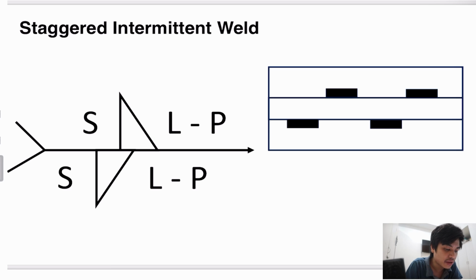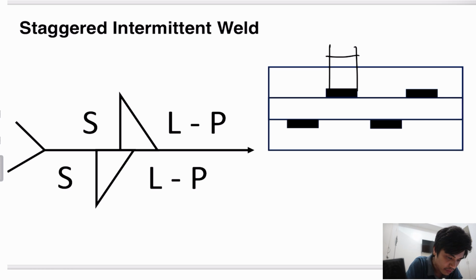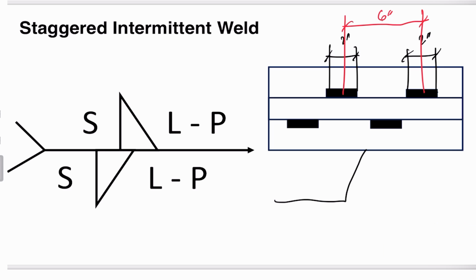For the staggered intermittent weld, just like this one, where there are welds on both sides of the joint but not exactly aligned with each other, you can put the welding symbol just like this one. Similarly, if this fillet weld is size 2 inches, just like the other one, and they are spaced out at 6 inches, then you can write the symbol as this one.